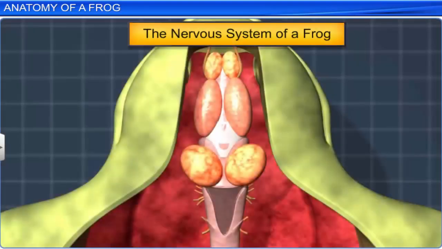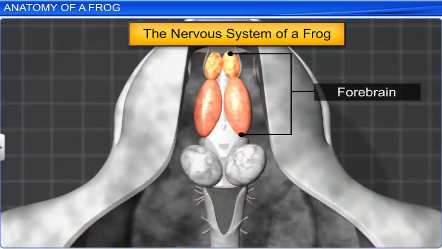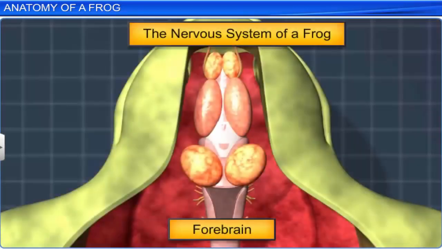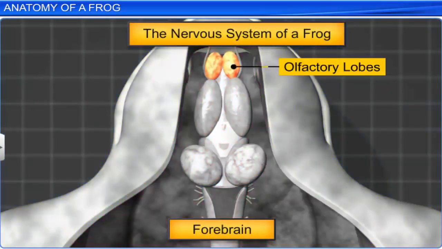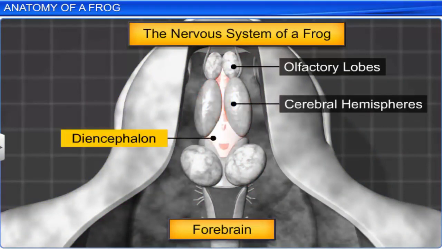The brain is enclosed in a cranium and is divided into the forebrain, midbrain, and hindbrain. The forebrain consists of olfactory lobes, paired cerebral hemispheres, and an unpaired diencephalon.